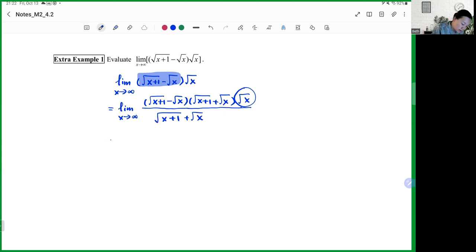And then when I simplify my function, I would only simplify this. It's just this multiply this. So that is x plus 1 minus x.